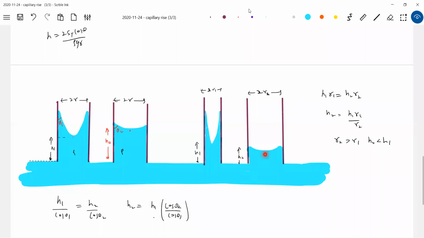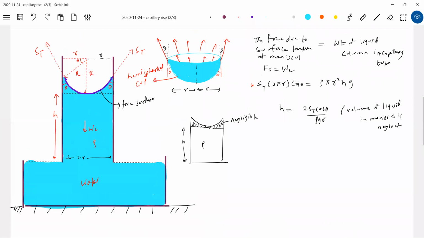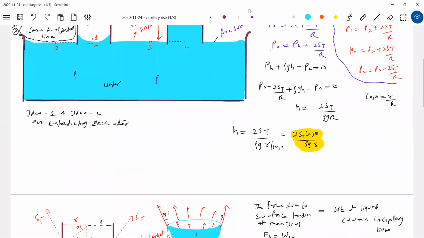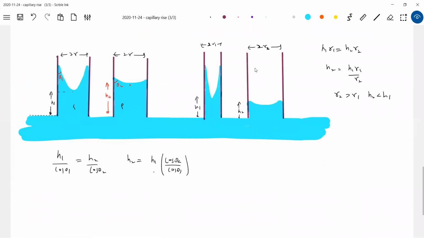You can even adjust for the radius of the meniscus also. H1 R1 equal to H2 R2, you can bring it here also. So all things are possible. H by cos theta you can compare, provided the angle of contact is such that the water will wet completely.